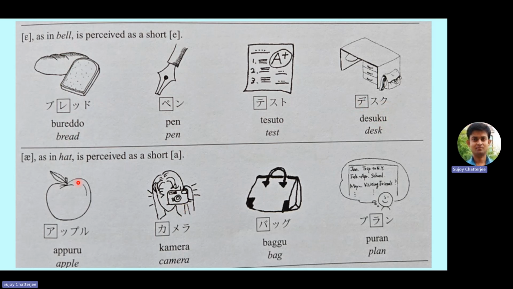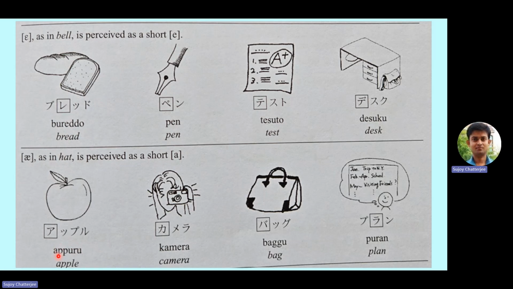Now next one is the a sound as in hat. It is perceived as a short a. So in Japanese, this English sound will be perceived as a short a. For example, apple will be appuru.